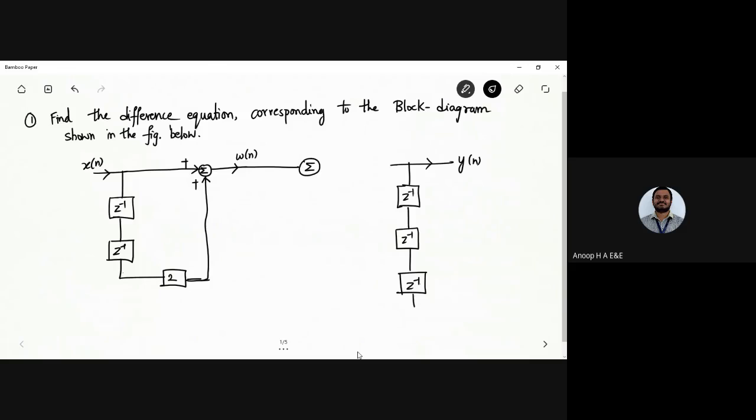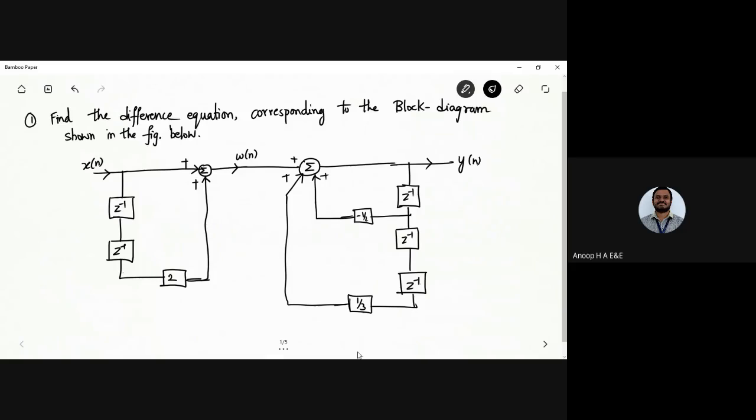After 3 delays, you are going to have a scalar multiplier of 1/3. Next, you are going to have minus 1/2. This is the output here. So this is the given block diagram.